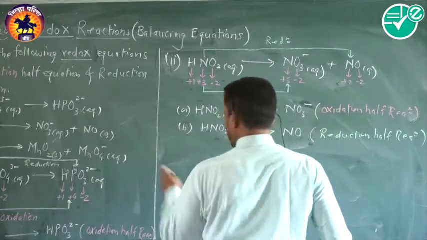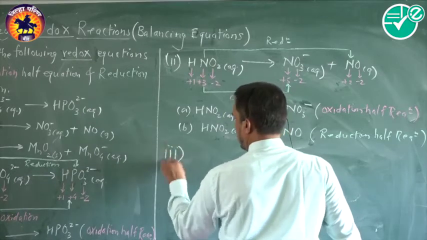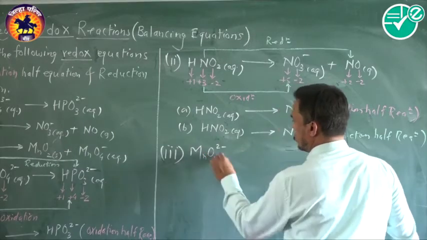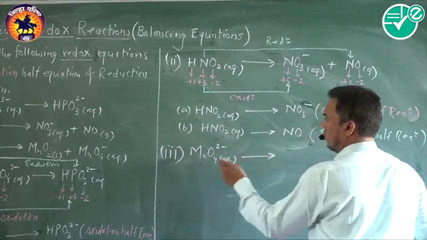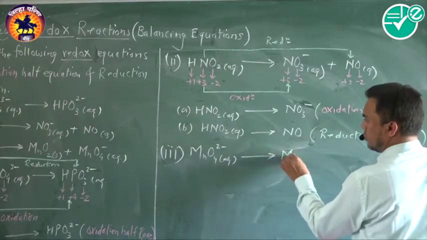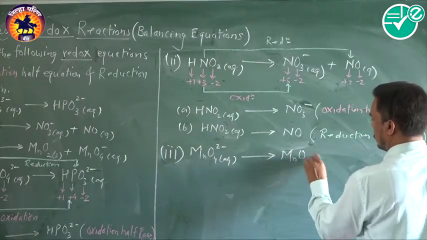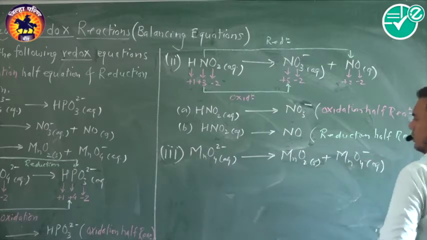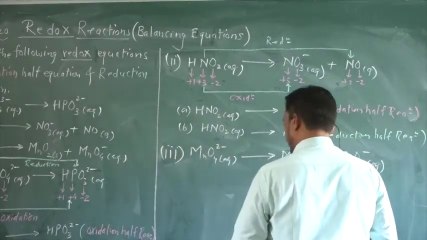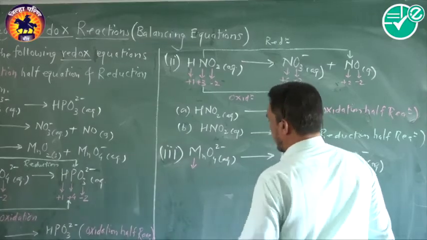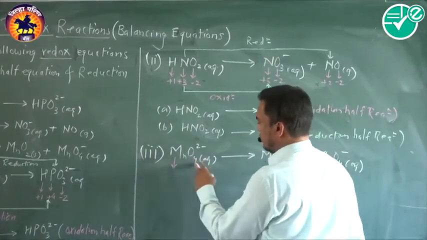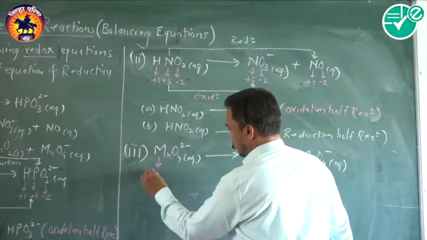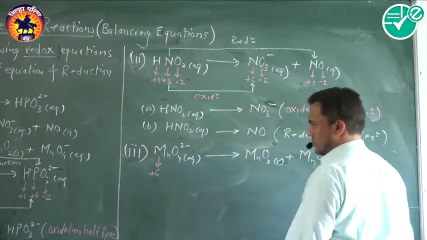Now the third example. Look here. To calculate the oxidation number of all the atoms in the redox equation: manganese oxidation state, look at 4 oxygen, so total -8, remove 2, it becomes -6, so the oxidation state is +6.